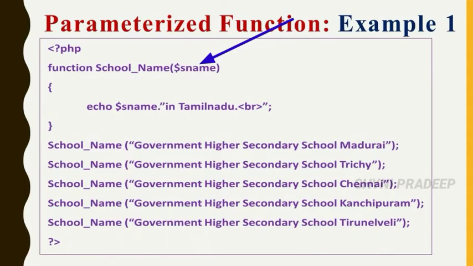We already discussed variables in the previous chapter. Variables are declared with the dollar symbol. So variables are also called parameters. Here one parameter is defined, that is name, and next, in curly braces, echo name in Tamil Nadu. Next, break BR. This is used to break the line.